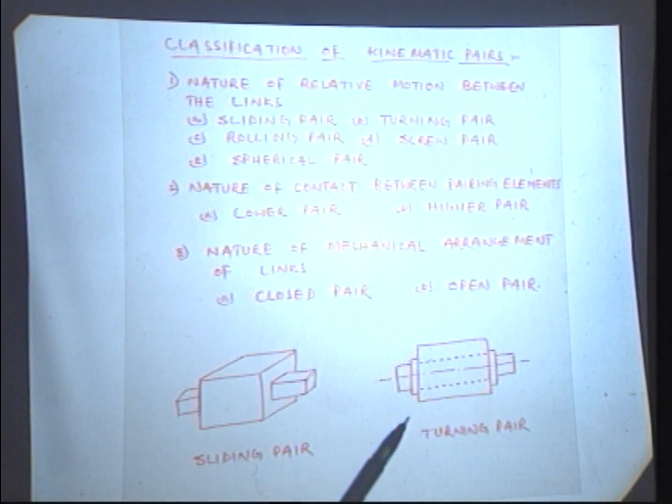Here we observe a turning pair. When the nature of contact between the elements of a pair is such that one element can turn about the other, then such a pair is called a turning pair.